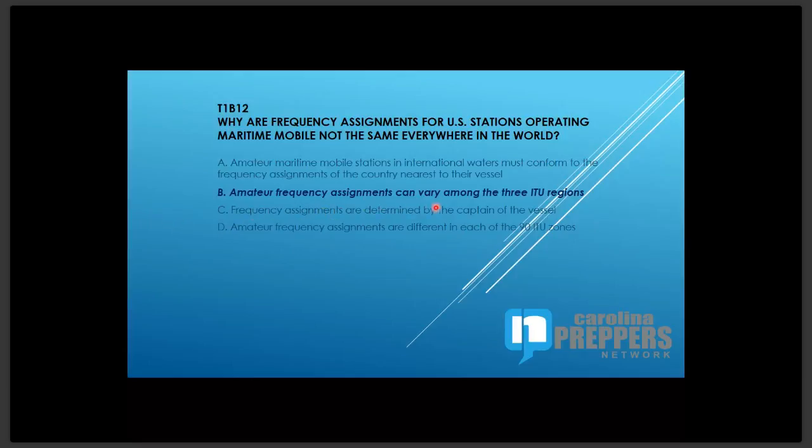Frequency assignments are determined by the captain of the vessel. Wrong. When you're on a vessel and you are out at sea, you have to gain the permission of the captain in order to use a radio on his vessel. Why? Because he's going to want to know what frequencies you're going to use so that you don't interfere with his onboard communications equipment.